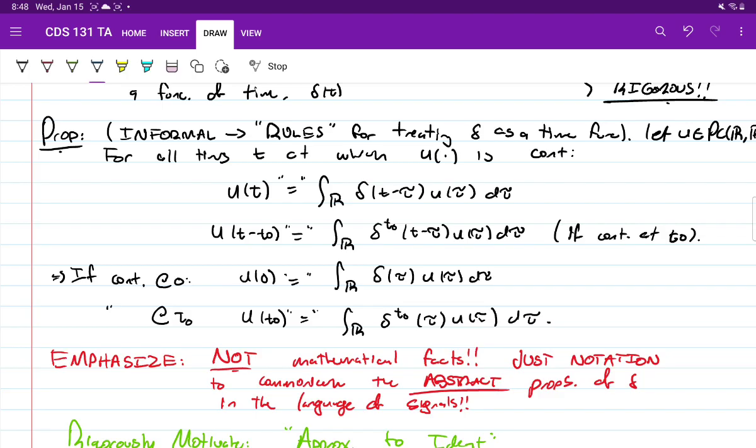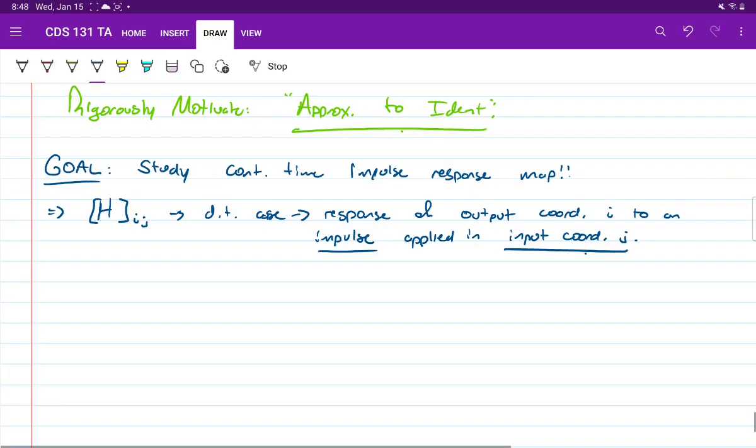We're going to use these rules to work out what a formula for continuous time impulse response might be. Okay? So what I'm going to do now is look for a continuous time response to an input u equals now a continuous time delta as a function of time.